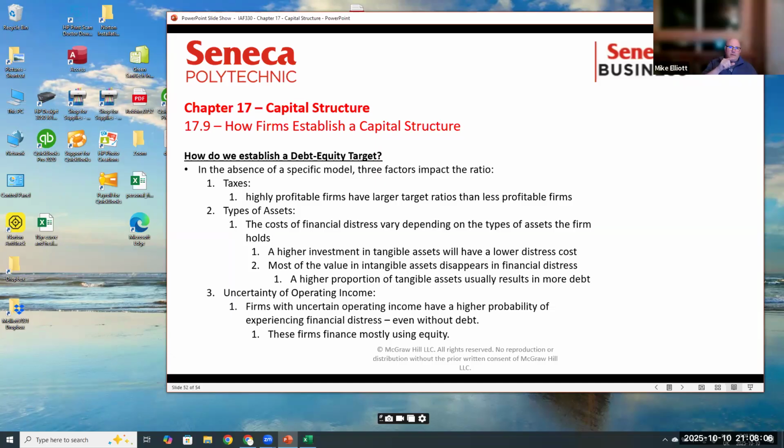So we have uncertainty of operating income. Firms with uncertain operating income have a higher probability of experiencing financial distress, even without debt. These firms are more probably, actually, I don't even say, they're mostly using equity.